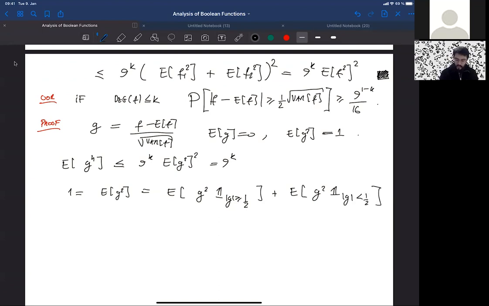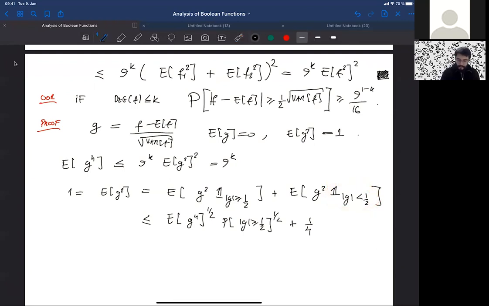In the first, there is no way around. You just use Cauchy-Schwarz, and then you have here the probability that G is greater or equal than a half. And on the second, you just bound by a quarter times the probability of this, which you bound by 1.